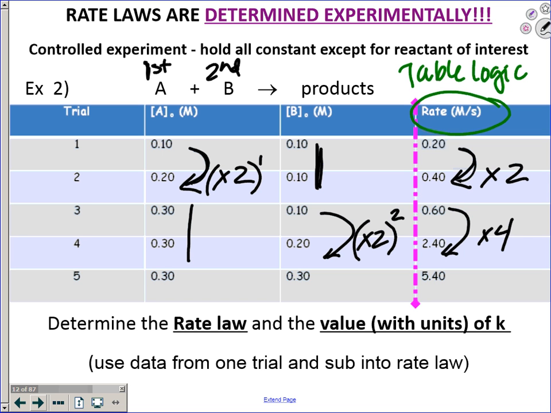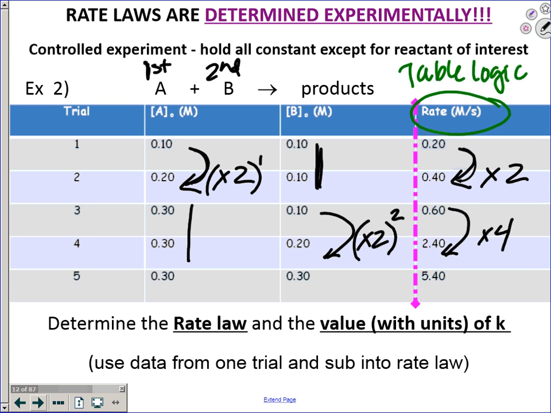With me? Okay. So additionally, from determining the rate law, we also want to find the value of k with its units. So what you would do is use data from one trial and substitute it into the rate law, and then find little k. I always plug in the first trial, so if you're ever looking at my work, it's usually the first trial. So what's the rate for the first trial? 0.2 what?